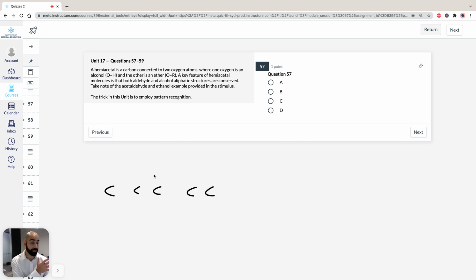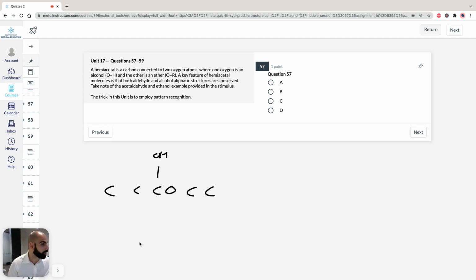Looking back at the stimulus, the hydroxyl group is usually on the terminal end of the aldehyde group, so it will be on the terminal end of the propanol. The oxygen, the ether group, connects the ethanol and the propanol groups. So we know straight away the answer has to look something like this, omitting the hydrogens for brevity.